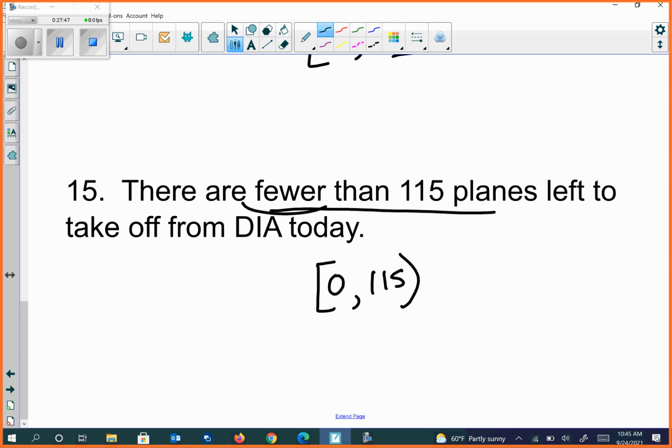The words fewer than 115 mean we didn't have 115. It's like, how many planes left? There's fewer than 115. It doesn't sound like the greatest conversation. But is an airplane an airplane? They could have a really small plane, but they could have that big old 747, right? What's the one that's 2-story all the way down?